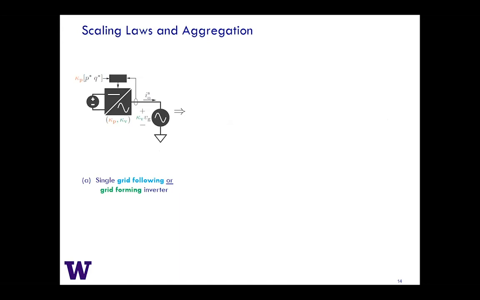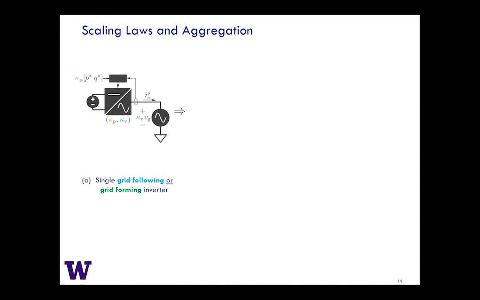Okay, so here we have this scalable inverter. Those are the two knobs that we have associated with the single unit, so you can make this larger or smaller. And these scaling laws that I showed on the previous slide, I showed you how it looks for a grid following type with a PLL.